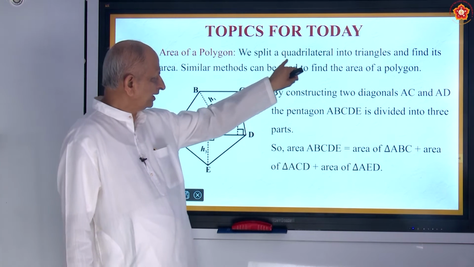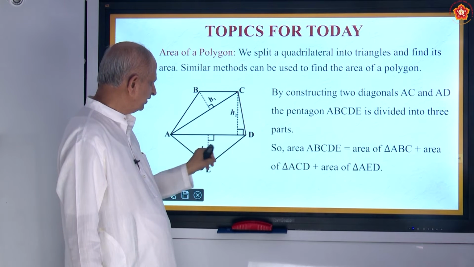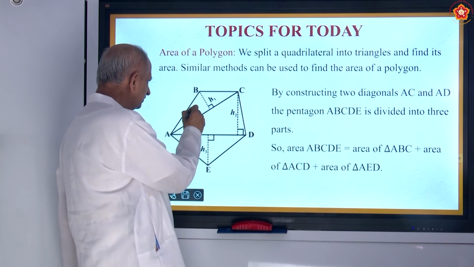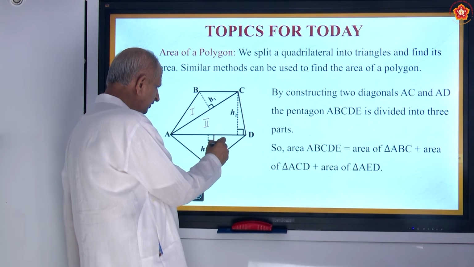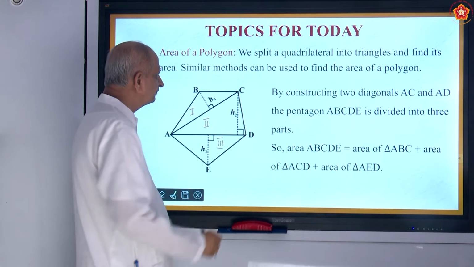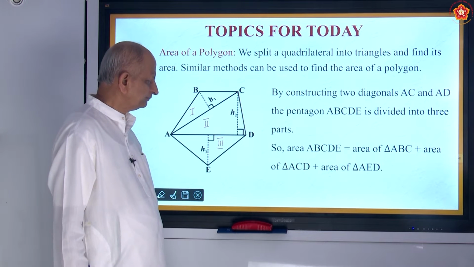So we split the pentagon into triangles and find its area. 1, 2, 3. There are 3 triangles made here. So when you say area of the pentagon, it means the area of the 3 triangles. Similar methods can be used to find the area of a polygon.